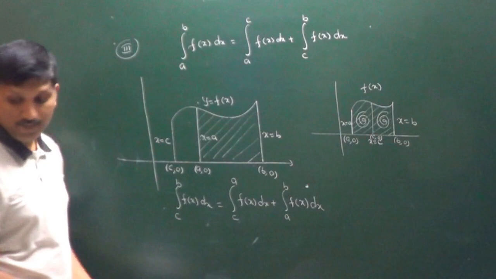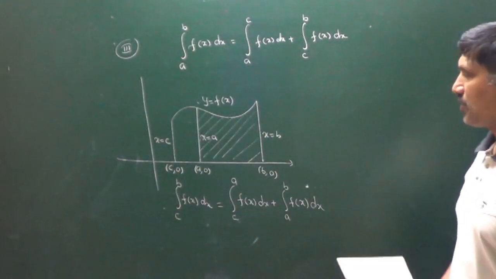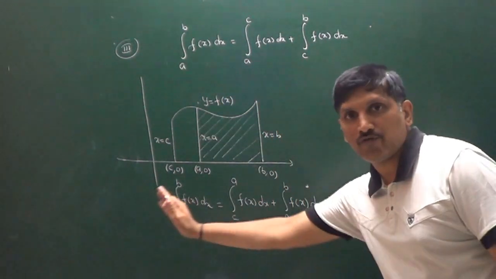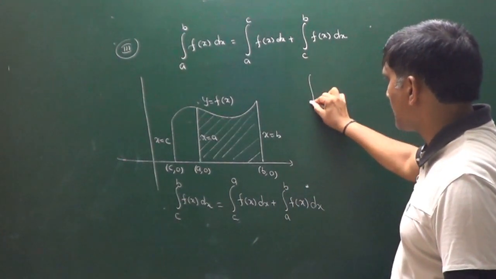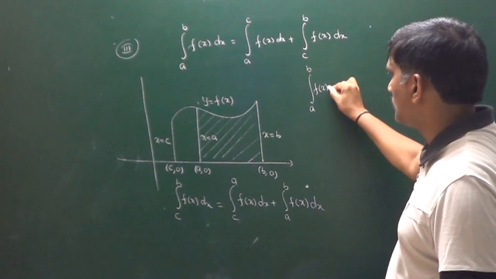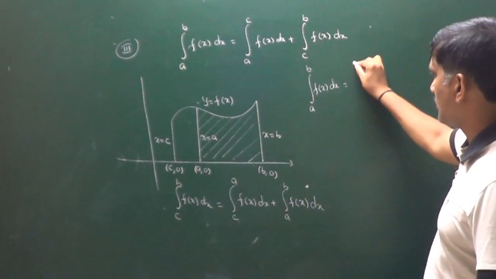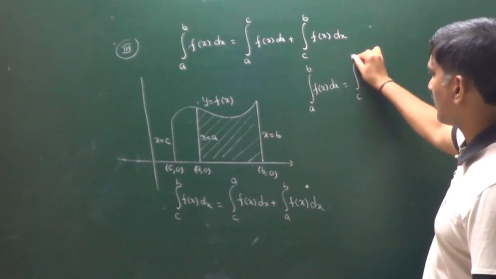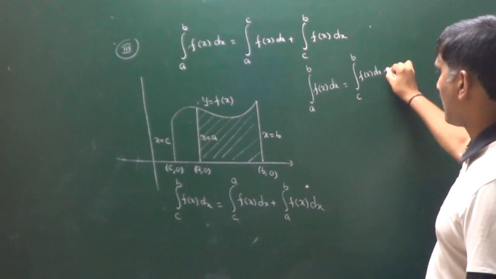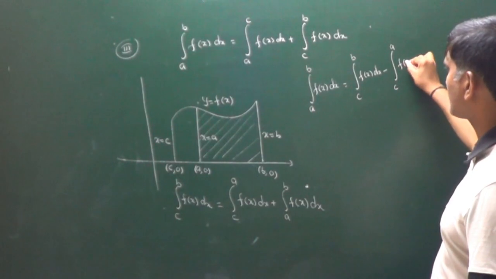Now I am doing further simplification. Pay attention here. What we require is this one, so this particular term shifts to that side. Then integral a to b f of x dx is equal to integral c to b f of x dx minus integral c to a f of x dx.